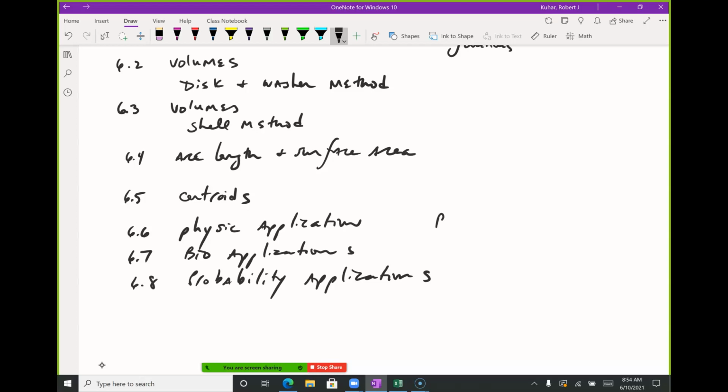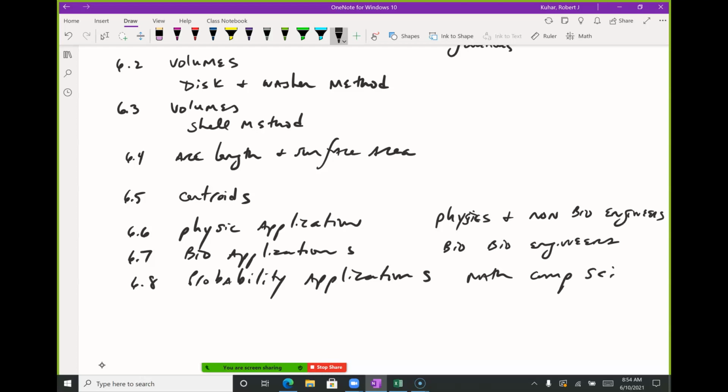So my physics majors are doing this one, physics, and non-bioengineers. The bio is the bio majors and bioengineers. And probability is math and computer science. And I think that's everybody. Am I right? Did I miss anyone? Do I have anyone doing biochem? No, right? So if you're doing biochem, you should also do the bio applications. But I got everybody there, correct?